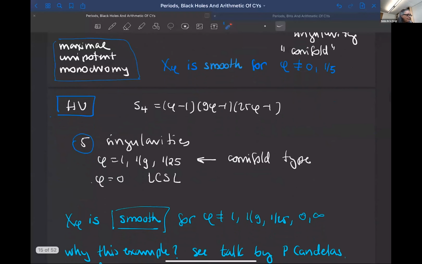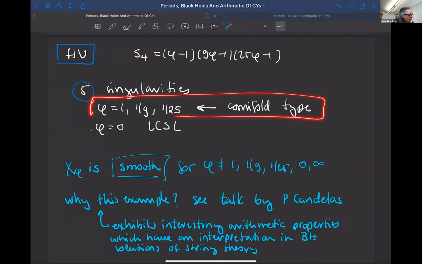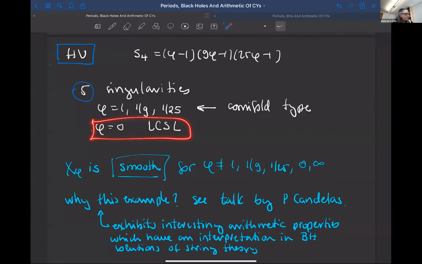The Hulek-Verrill has other features. It has not just one conifold singularity, but 3, at these values of phi: 1, 1 over 9, and 1 over 25. Phi equals 0 is the large complex structure limit, and otherwise the manifold is smooth, apart from infinity also.